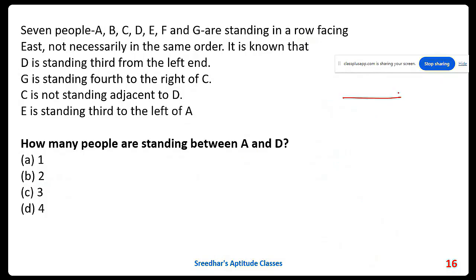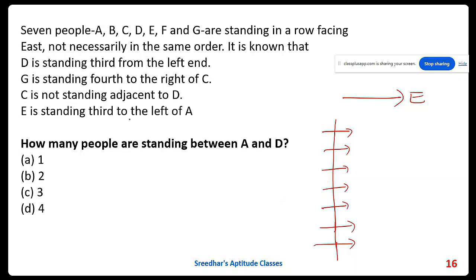First of all, this is east. 7 people are standing. 1, 2, 3, 4, 5, 6, 7.